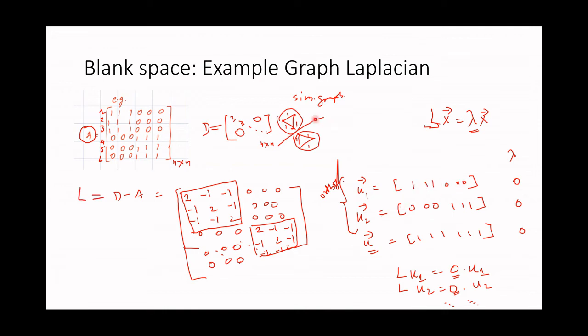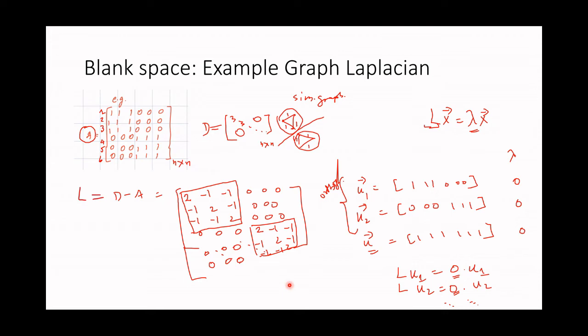And U2 indicates the second cluster: it is all 1 for the second cluster, and the other entries are 0. Is it a coincidence that the smallest eigenvalue 0 corresponds to these indicator vectors for the clusters?